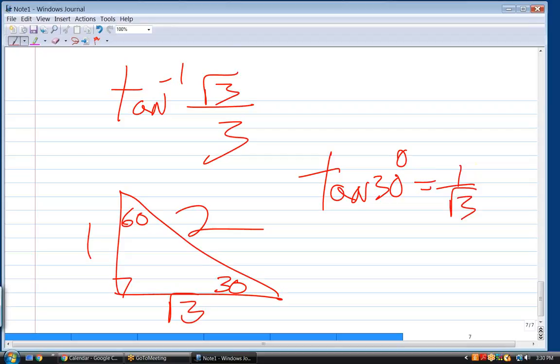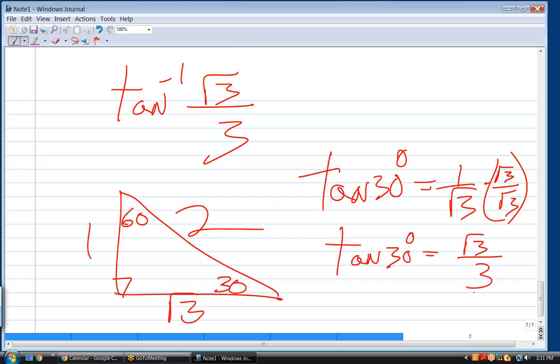Now, you have to rationalize that. In other words, that's not a satisfactory answer because the denominator is irrational. So how do you rationalize that answer? Times root 3 over root 3. In other words, I can only multiply a fraction by the number 1 without changing it. So now I get the tangent of 30 degrees equals root 3 over 3.